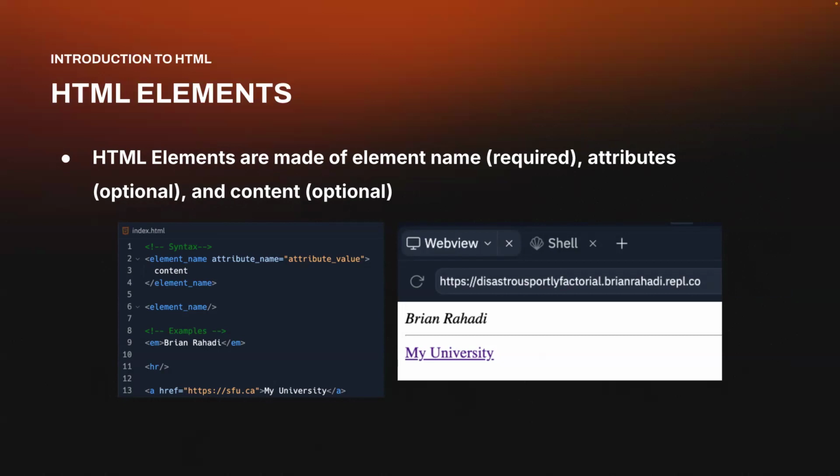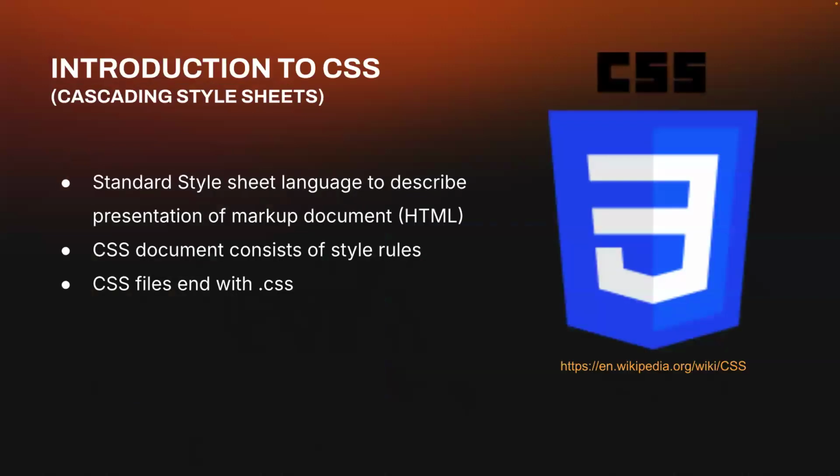We have examples here. This one contains content: EM is for italic, so you can see that it's italic. HR is a self-contained one, it's just a horizontal line. And we have A with the attribute href, which leads you to the SFU website, my university, which is the content. That's a very basic introduction to HTML.